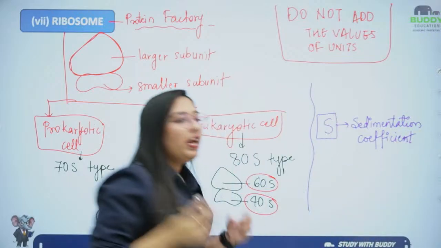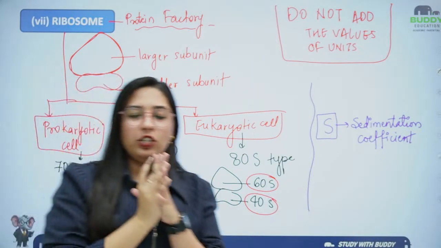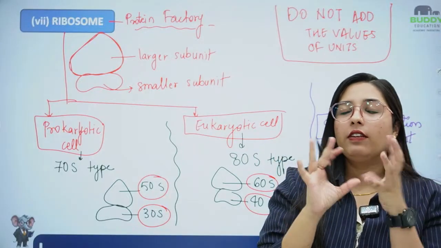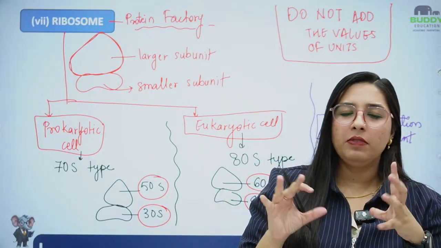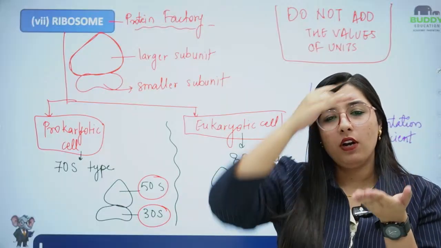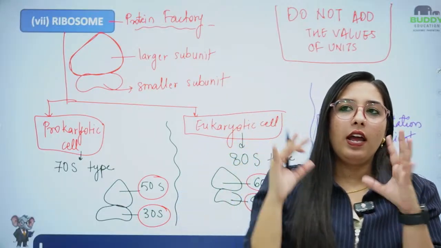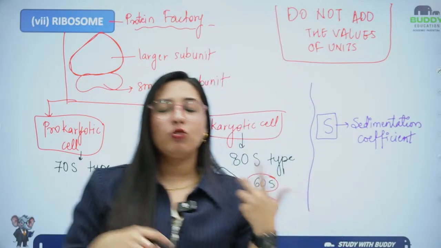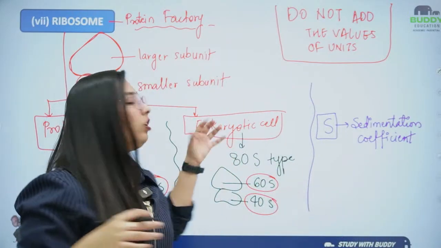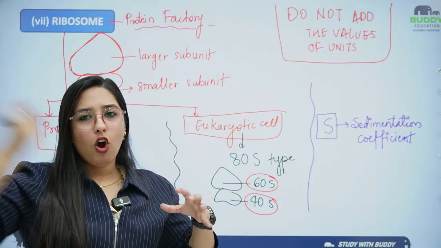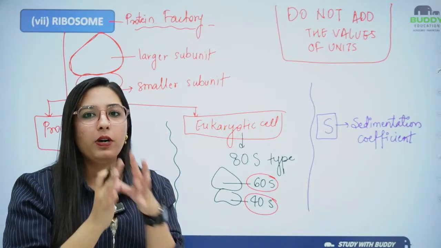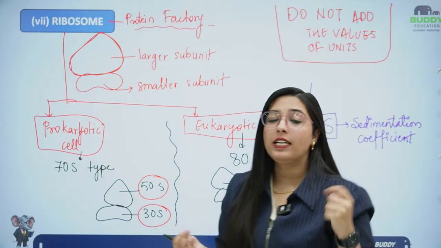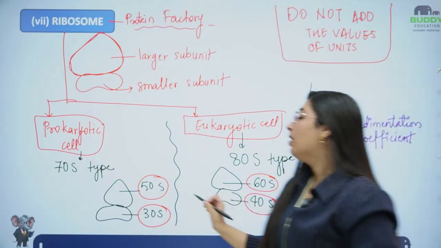Sedimentation is basically the settling down process, like when I shake something and it settles and forms a proper line. So if I jiggle both the subunits, 50 and 30, together, then I'll have a proper sedimentation coefficient, the settling down value, and that will be 70S.